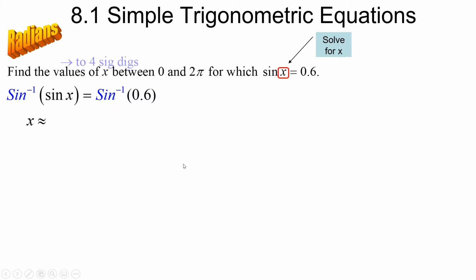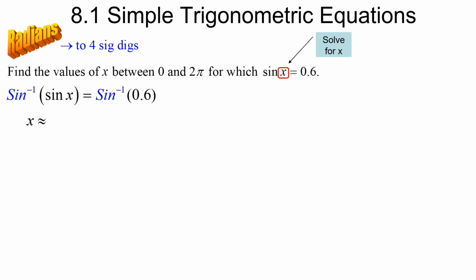So let's get our calculator out and go x is approximately, and a couple other pointers I need to give you right here. What mode do I need to be in? Well, look at the interval they gave us, 0 to 2 pi. Those are radians, so we know we need to be in radian mode. So I'm going to get out my calculator, and make sure you get out your calculator and punch this out with me. Second quit, cleared my screen.